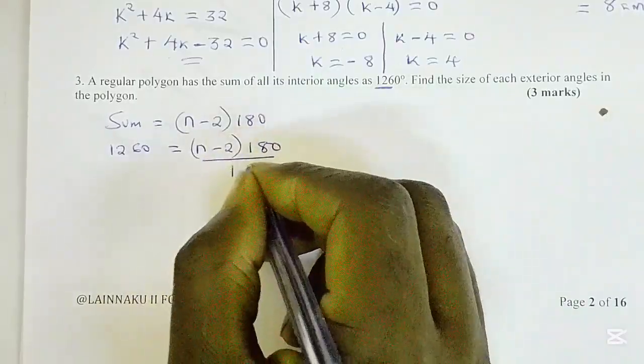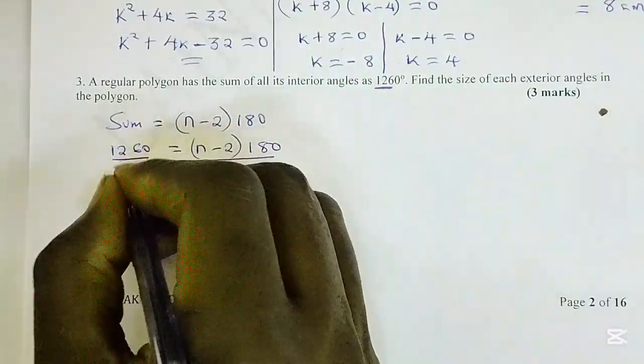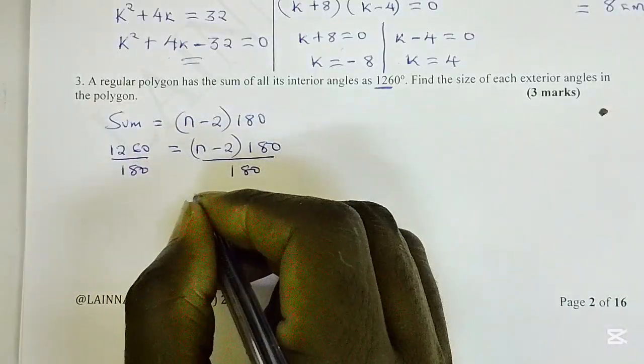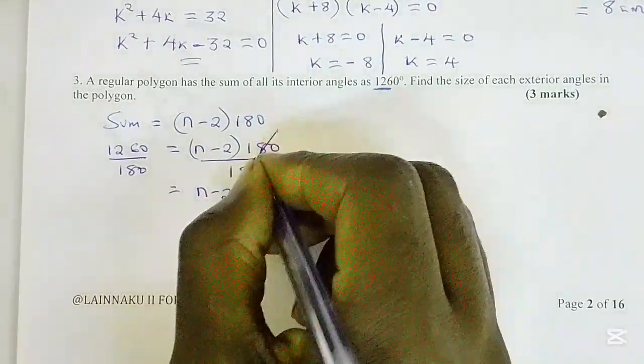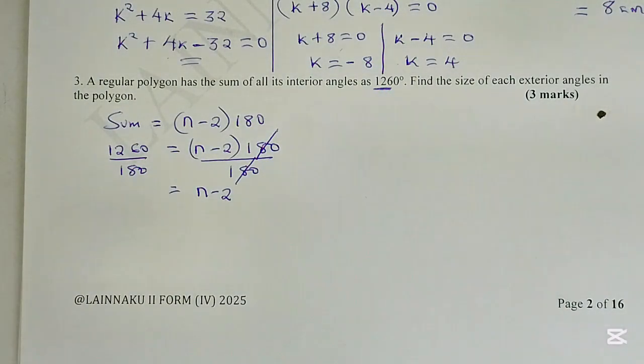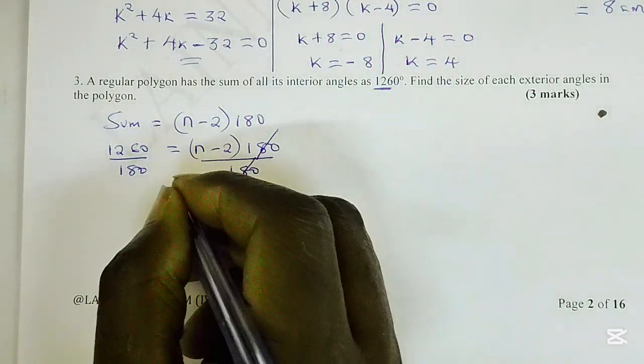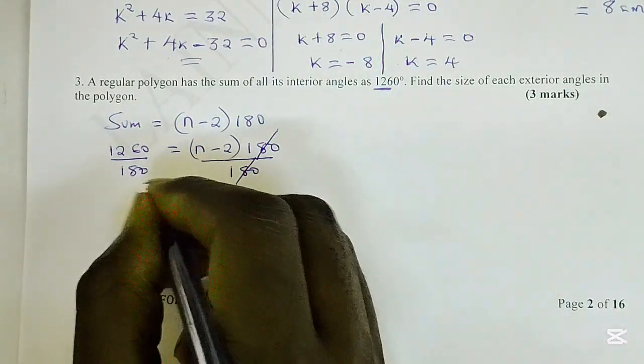So divide here by 180, divide here by 180, and you find that n minus 2 is going to be 1260 divided by 180. So if you divide that one by 180, basically you are going to get 7.